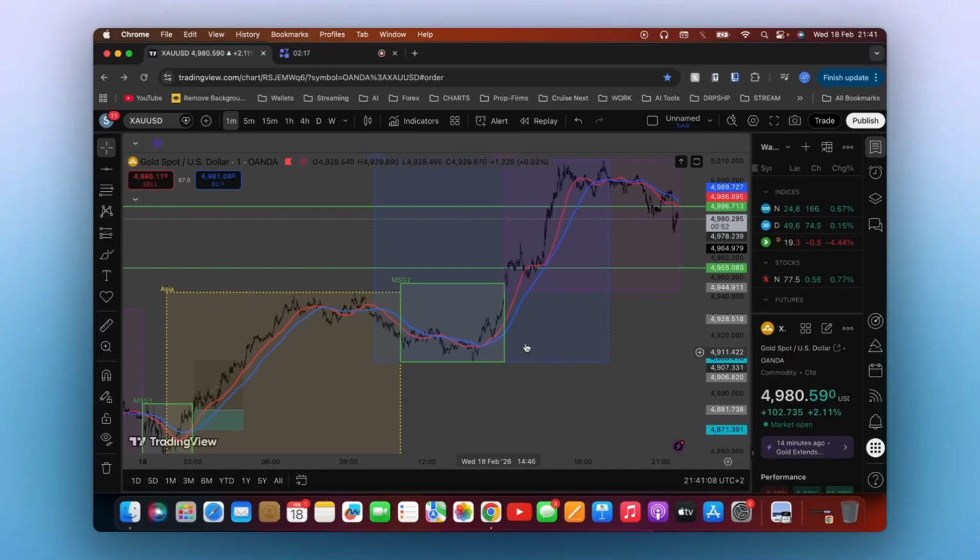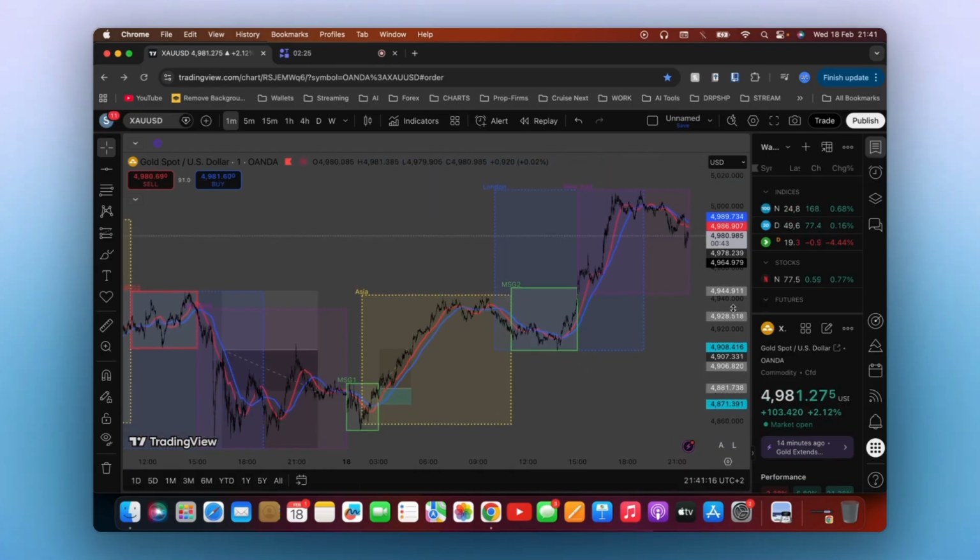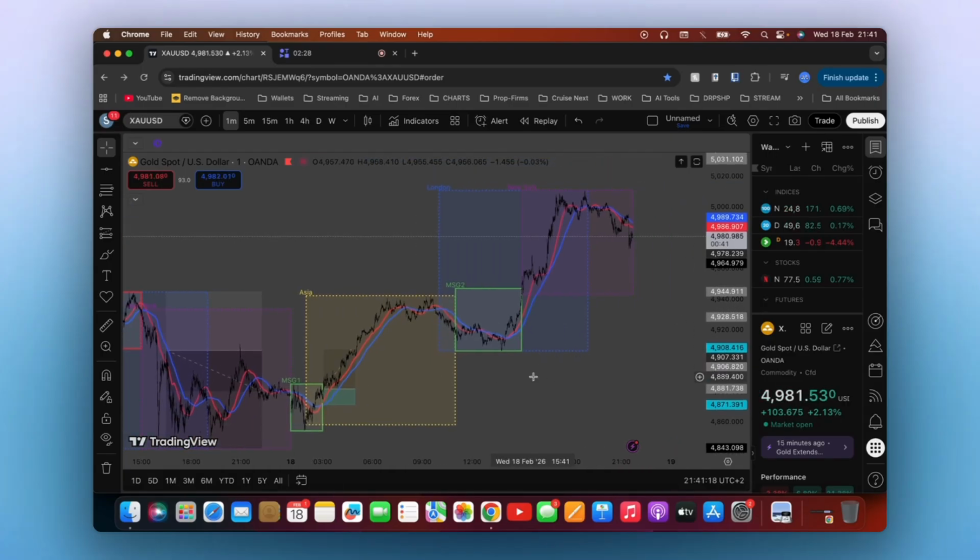Now that you know what the indicator looks like, there will be two MSG blocks that form throughout the day. I think there are some more that form, I just think these are the highest probability ones.